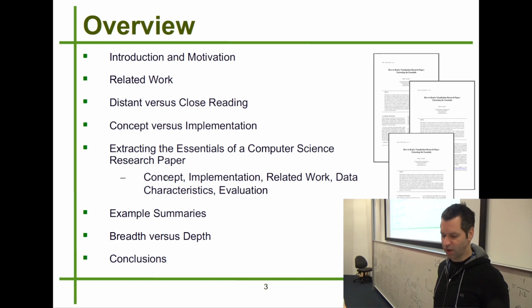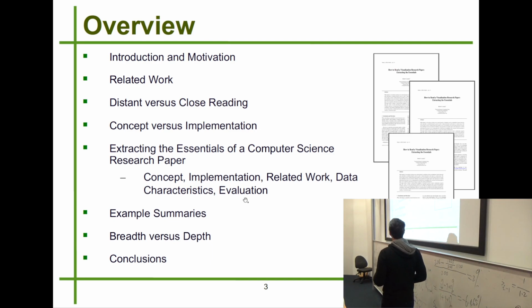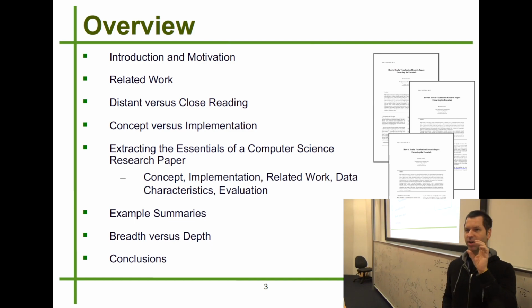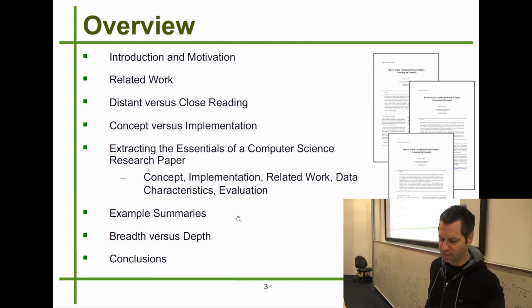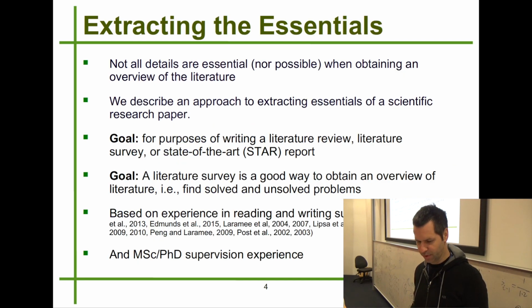So the essentials are a short description of the concept, a short description of the implementation, a short description of the related work, a short description of the data characteristics, and a short description of the evaluation. Those are the essentials of a research paper, right? And then the question is, how do we focus on those and extract them in a concise and efficient way? We're going to look at some examples and then just mention this idea of breadth versus depth.